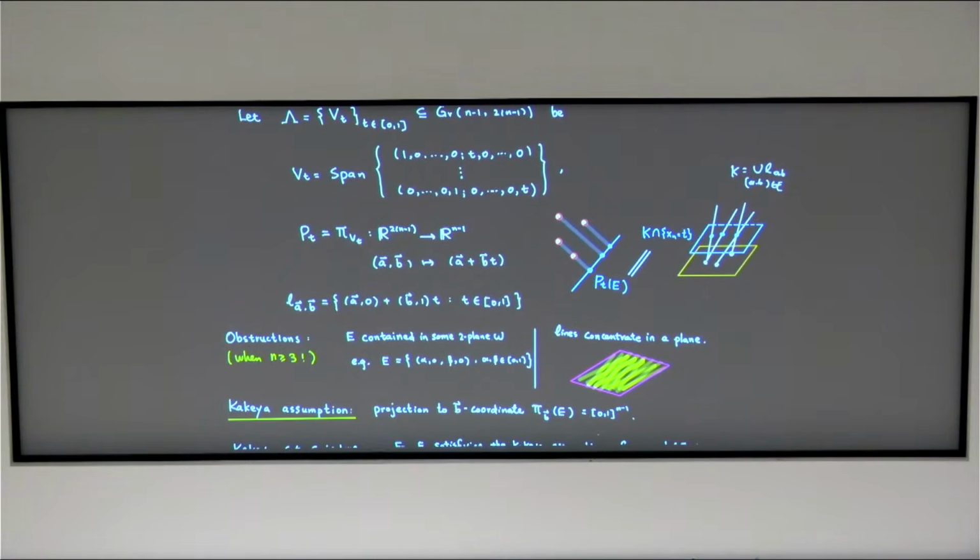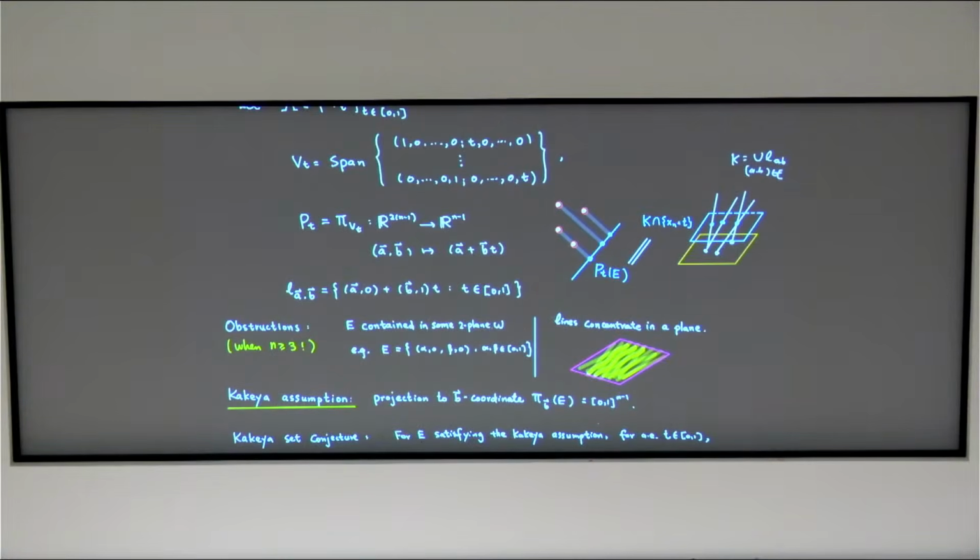So by Fubini, in order to show that the union of lines has large dimension, we could just say that for a typical slice, this slice has large dimension, which corresponds to, for a typical projection, the projection image being large.